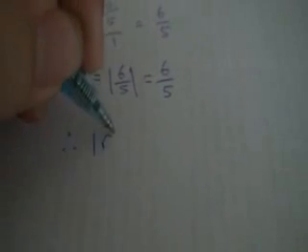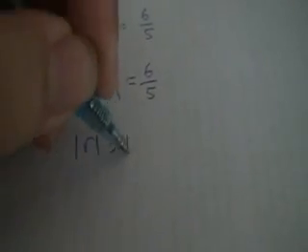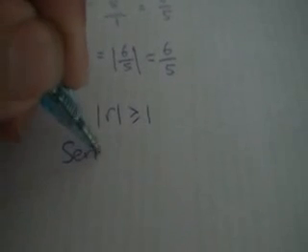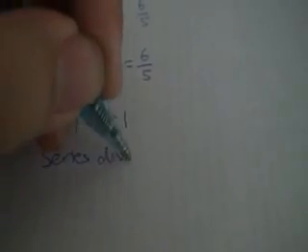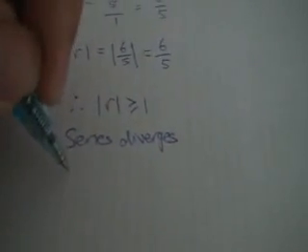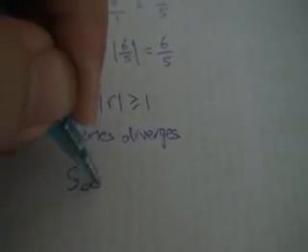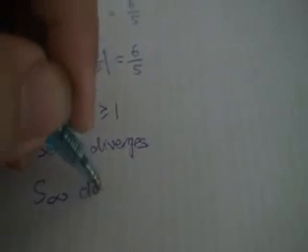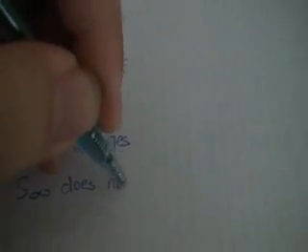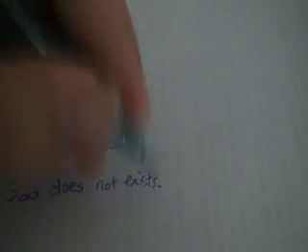Therefore, we can conclude that absolute value of R is actually greater or equals to 1. The series diverges. So S to infinity does not exist.